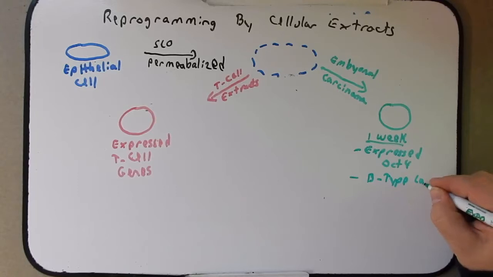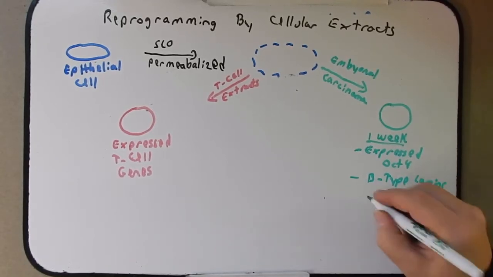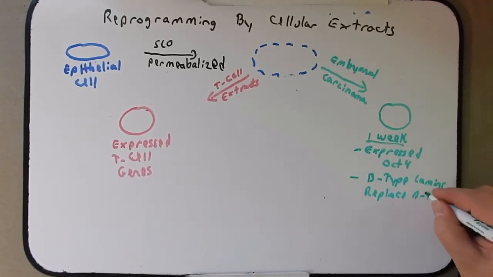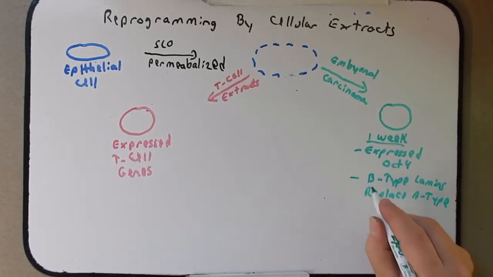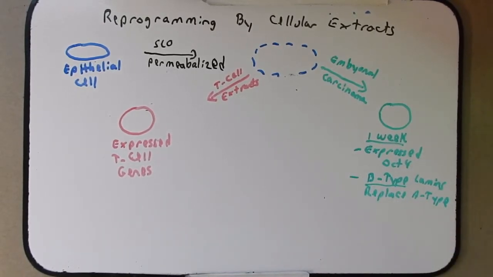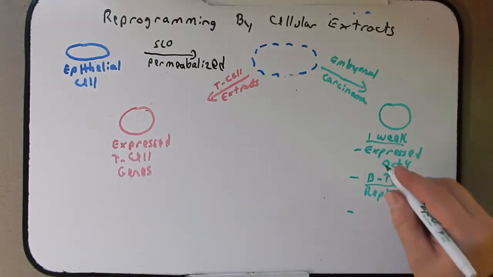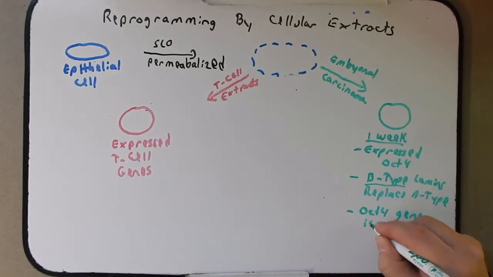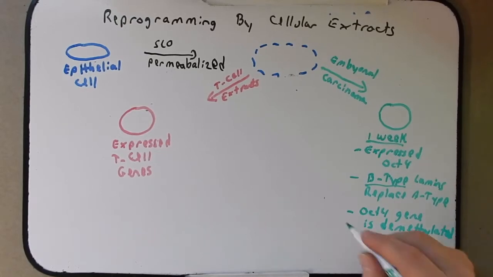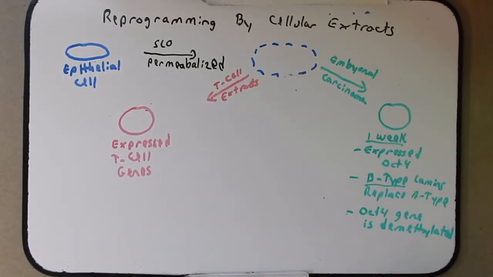B-type lamins replace A-type lamins. And B-type lamins are the ones specific to pluripotent stem cells. The gene for OCT4 is demethylated. For a better sequence, I should have mentioned that first.